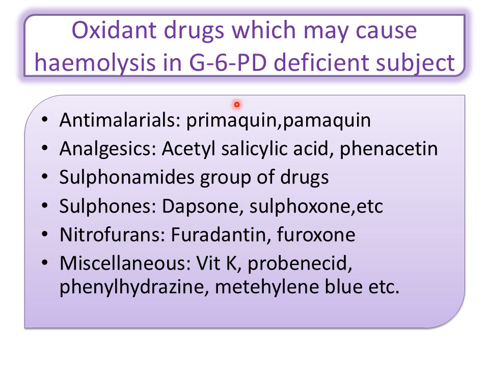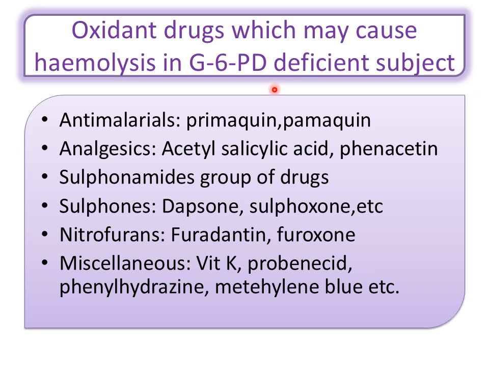When there is deficiency of the glucose 6-phosphate dehydrogenase enzyme, these oxidant drugs will cause hemolysis. Why will it cause hemolysis? Because these drugs in RBCs will produce H2O2, and this H2O2 will damage the RBC, which is known as hemolysis. If glucose 6-phosphate dehydrogenase is not deficient, then it will produce NADPH.